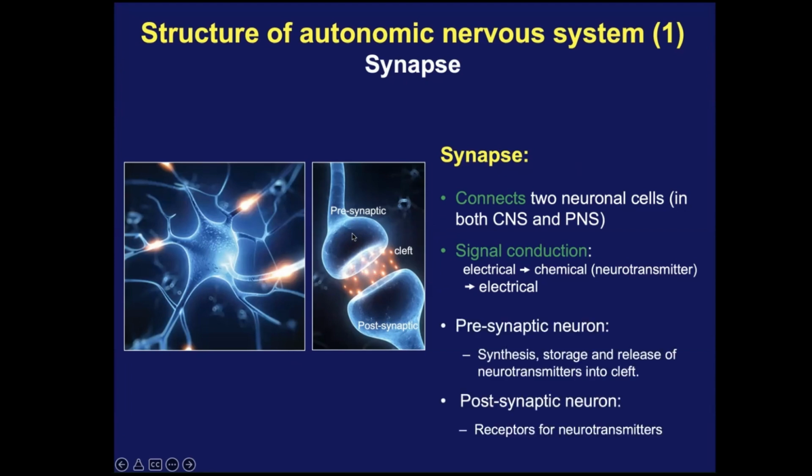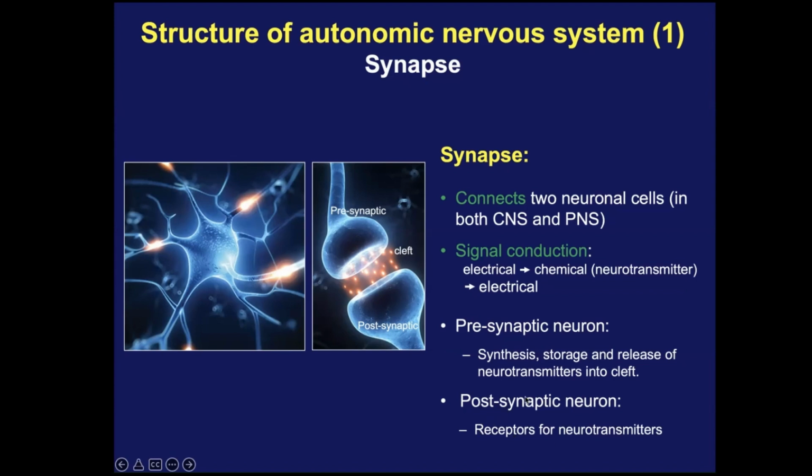The major function of the presynaptic neuron is the synthesis, storage, and release of the neurotransmitters into this cleft when the first cell is excited.